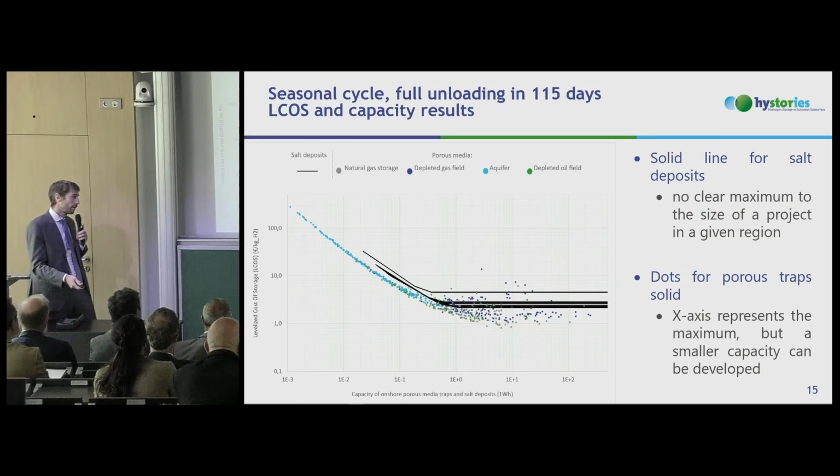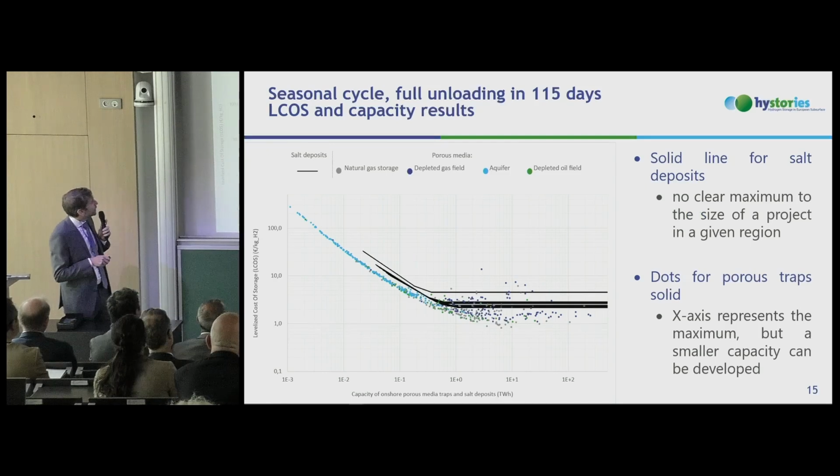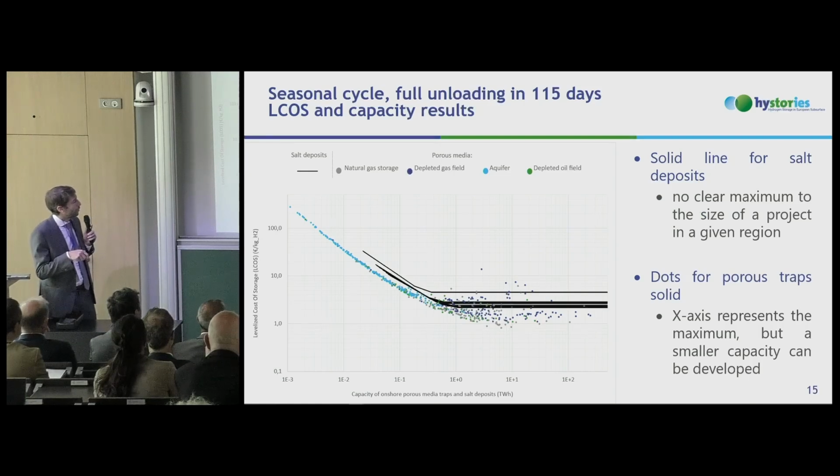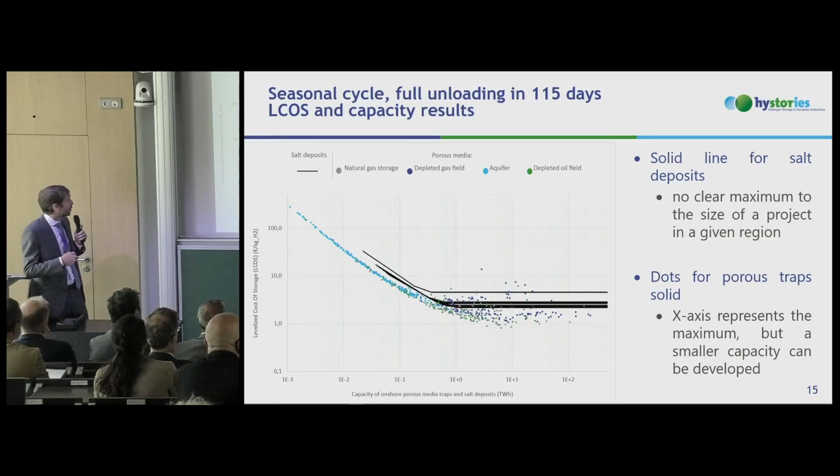Same values as the ones that were presented before, but we plotted that against the capacity. What you see here is our 800 points for porous storages with their capacity on the x-axis and the levelized cost of storage we found.